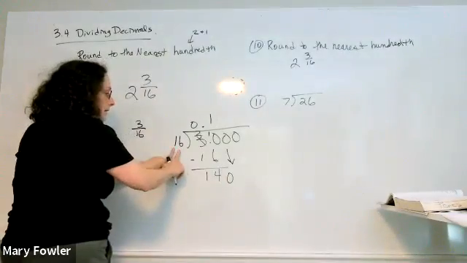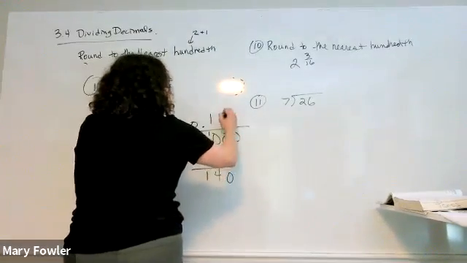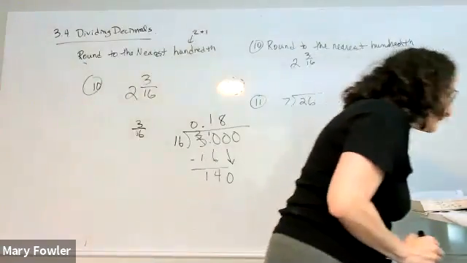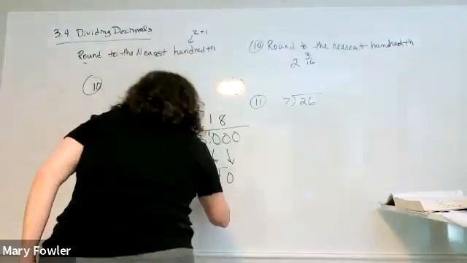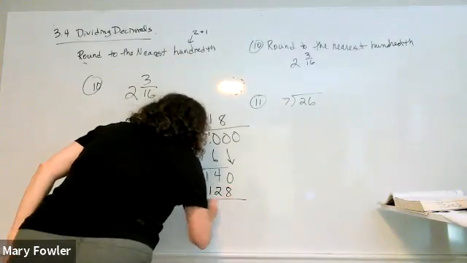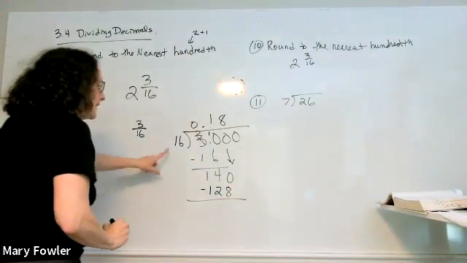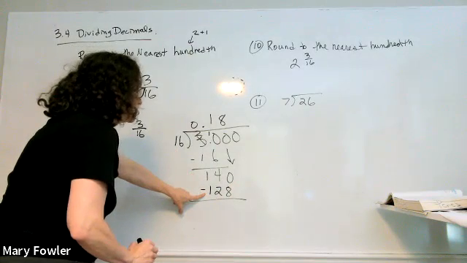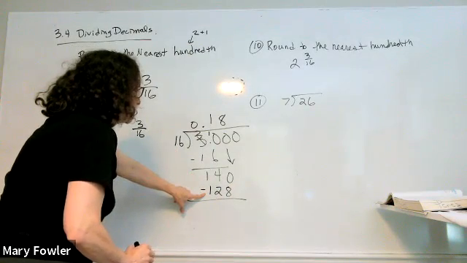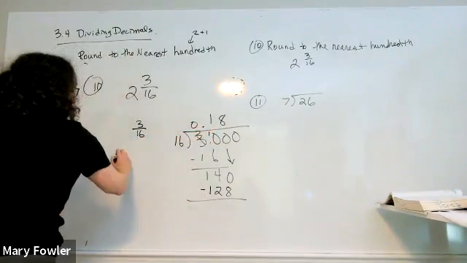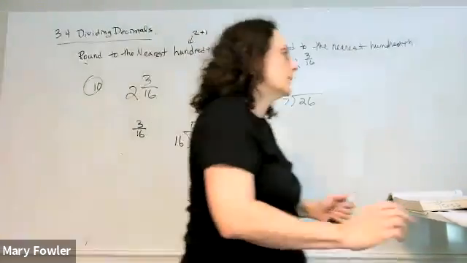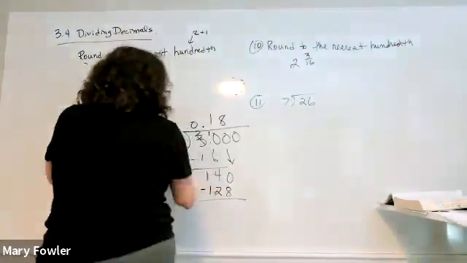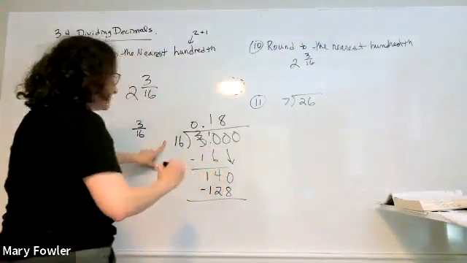Okay, and 16 goes into 140 8 times. 8 times 16 is 128. Checking my notes over there. Okay. And now we're looking at 16 going into 128. How about we try a little trial and error?